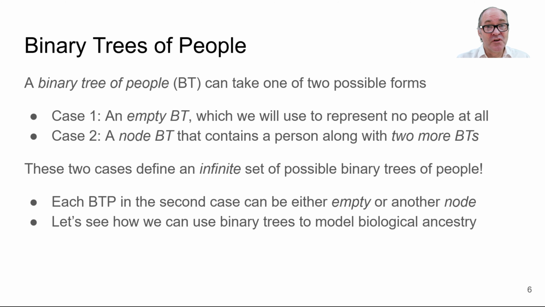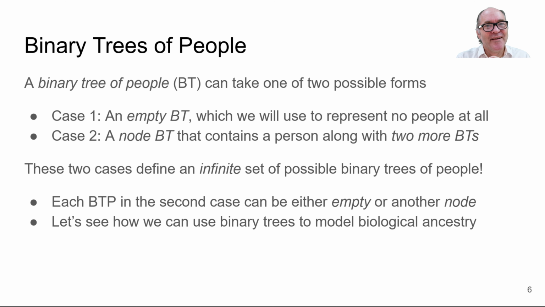We can model one person as a node binary tree with two empty binary trees. We'll call those subtrees. Okay, if we want to model three people, we can use a node with two non-empty subtrees, each with one person, and having themselves all empty nodes as their, we'll call them descendants.